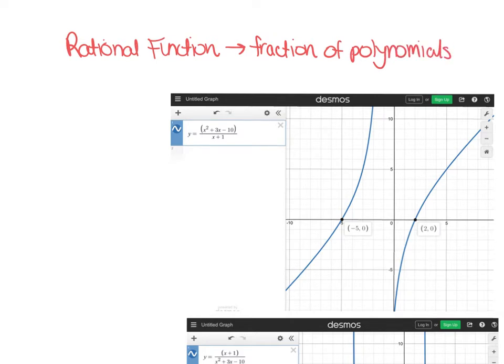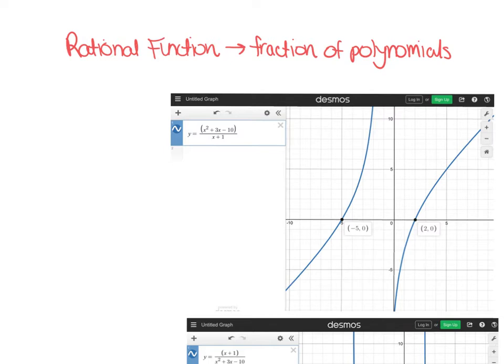So all last chapter we studied polynomial functions, and now this chapter we're starting off with rational functions, which means we have a polynomial in our numerator and a polynomial in our denominator.